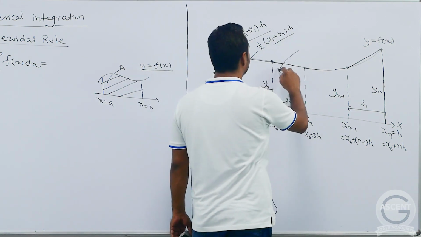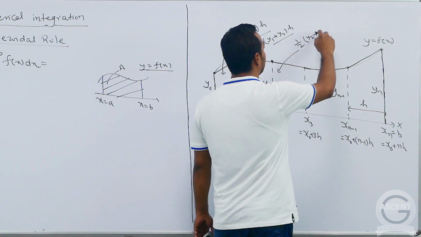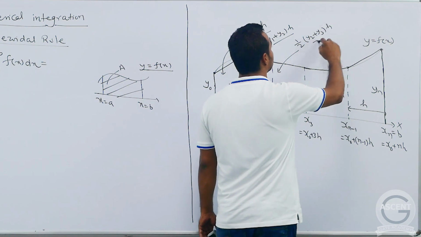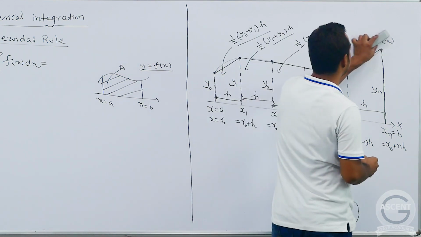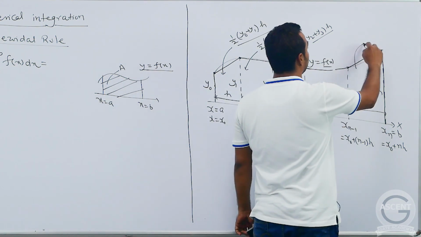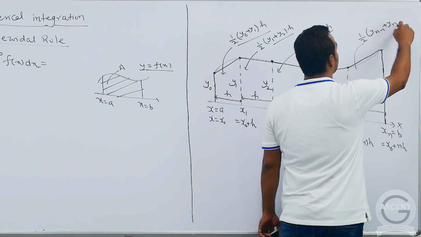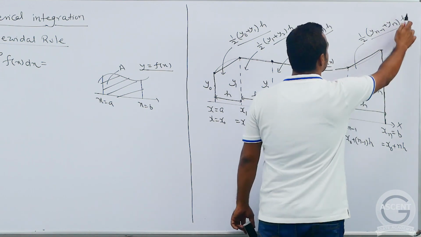The area of this third trapezium will be half of y2 plus y3 into h. And finally, the area of this last trapezium will be half of yn minus 1 plus yn into h.